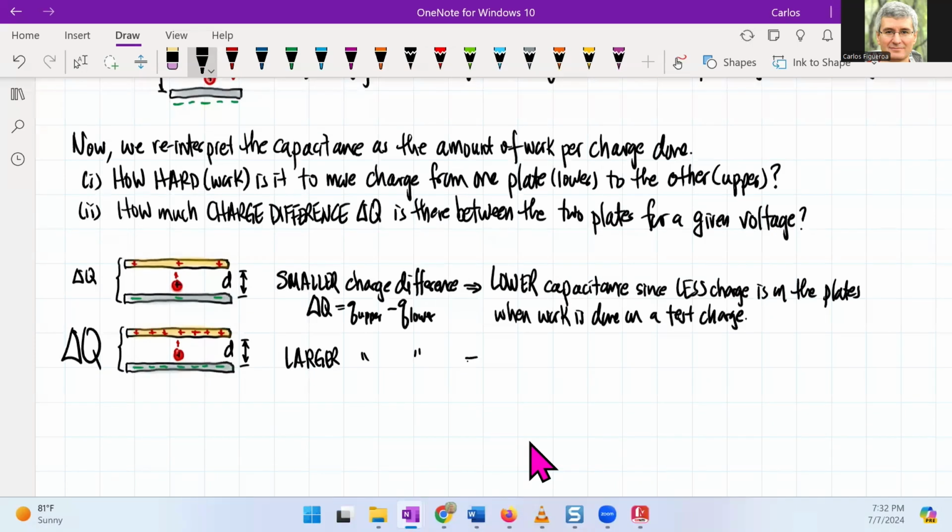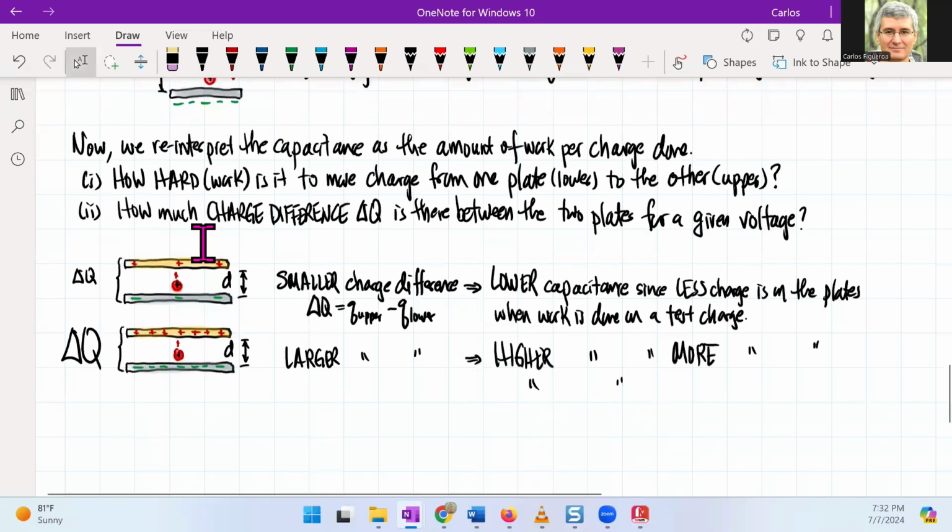As a consequence, this has to have a higher capacitance since there's more charge on the plates. And remember what I said, how hard it is to move charge from one plate to the other is another way of defining capacitance.